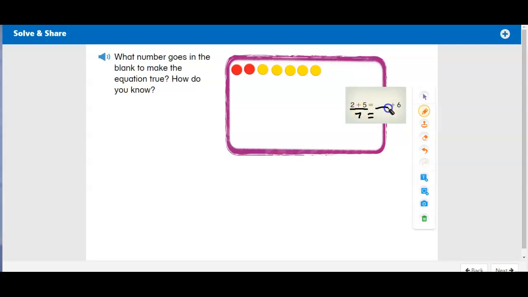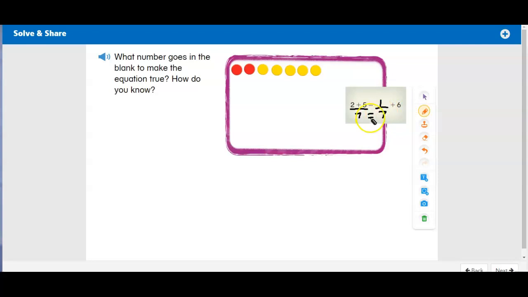So what number plus 6 would give us 7? 7 is 1 more than 6. I know, 1 plus 6 would give us 7.